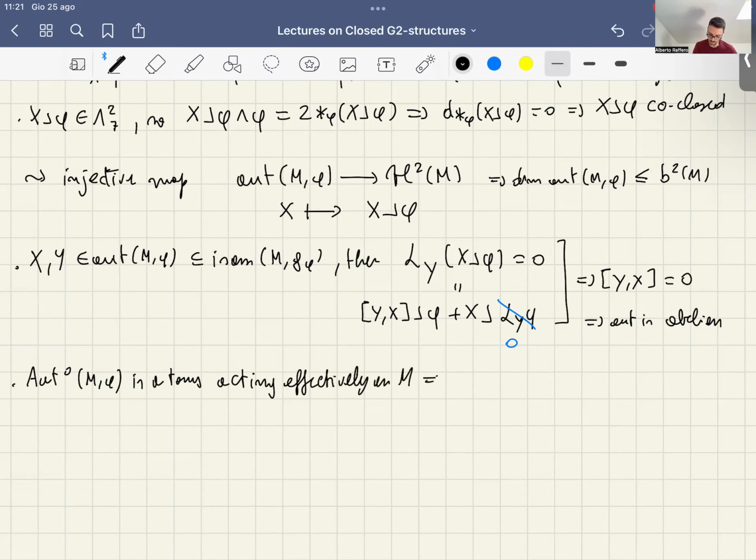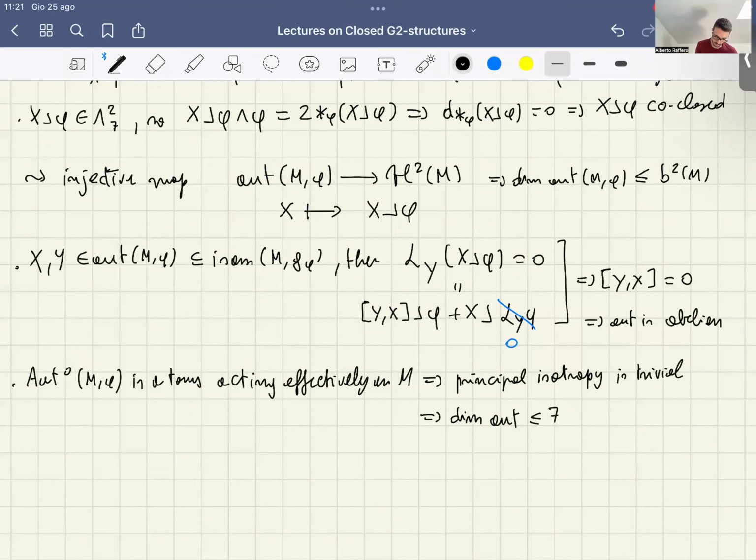And this implies that the principal isotropy, the isotropy subgroup of this action that has the smallest possible dimension, is trivial. And since the orbits are injectively immersed in the manifold, this implies that the dimension of the automorphism algebra, and so of the automorphism group, is at most 7, which is the dimension of the manifold.